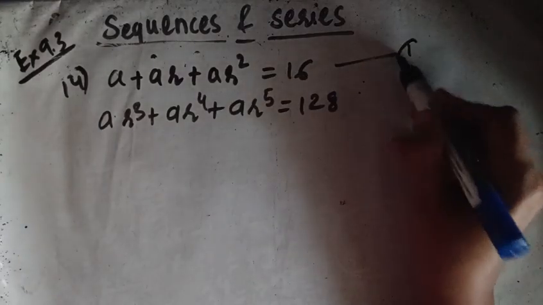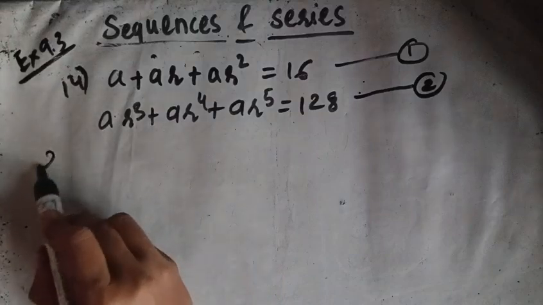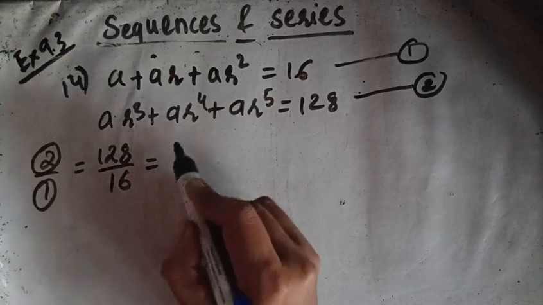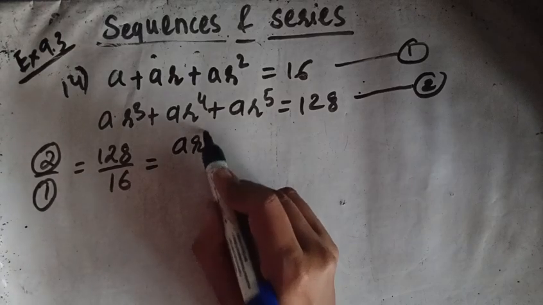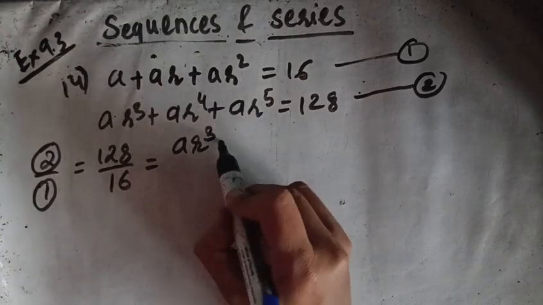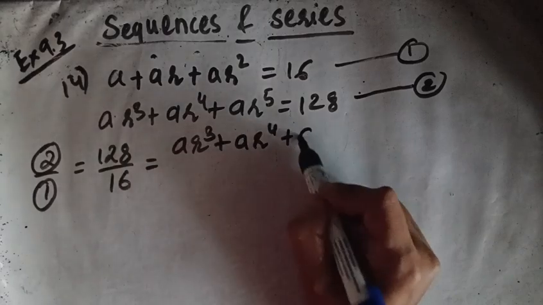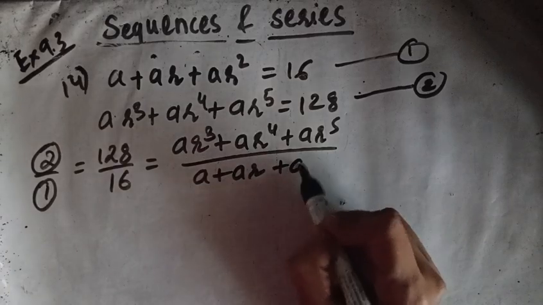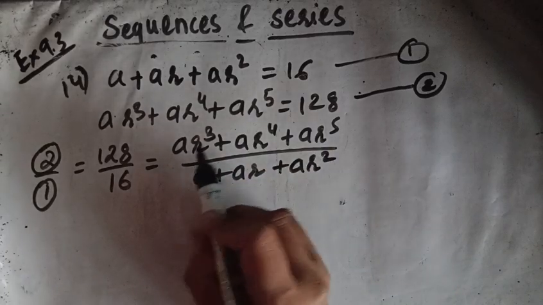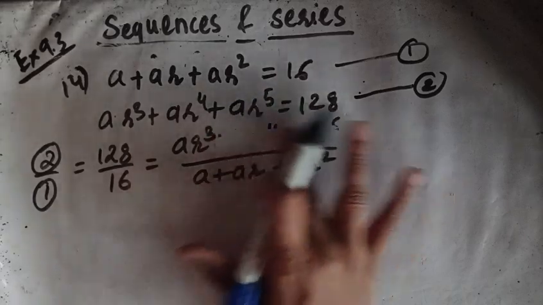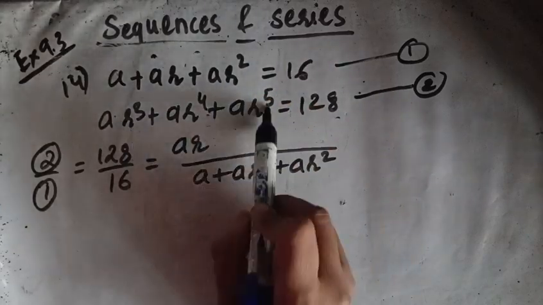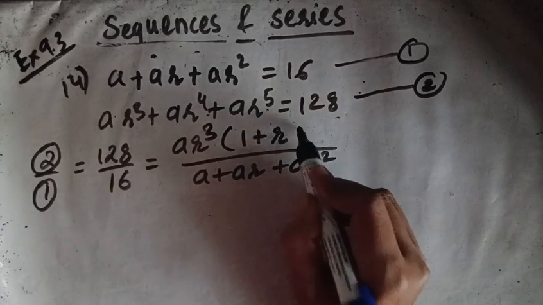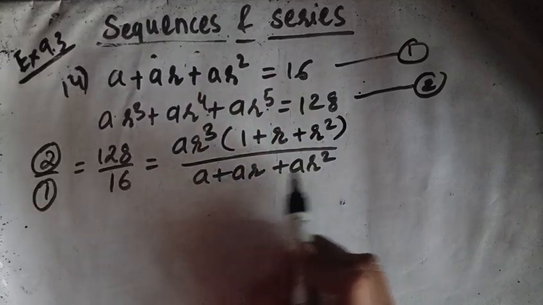So if I take this as 1 and this as 2, then I'll divide 2 by 1. So if you add this, okay, you can take common a, and also you can take common r cubed. Here you can take common a.